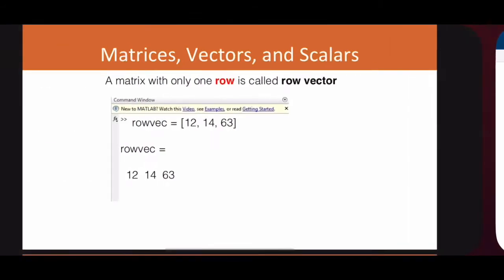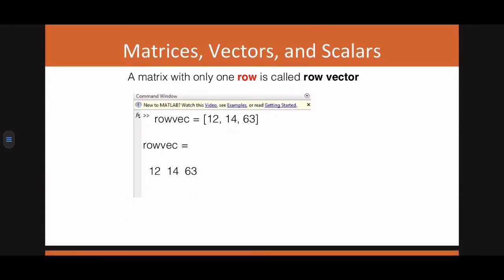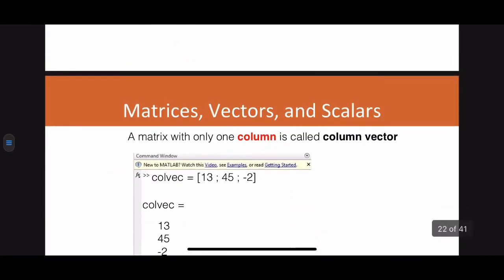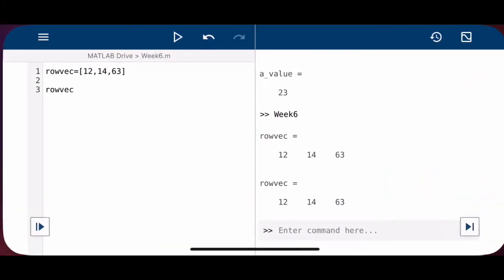Okay, so now let's try a column vector. If it's a row vector, you are going to use a comma. If it's a column vector, you're going to use a semicolon. Alright, so let's try this one.